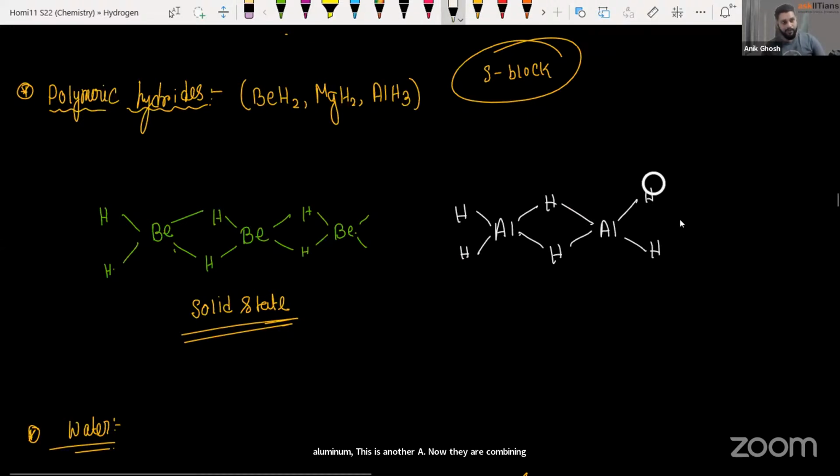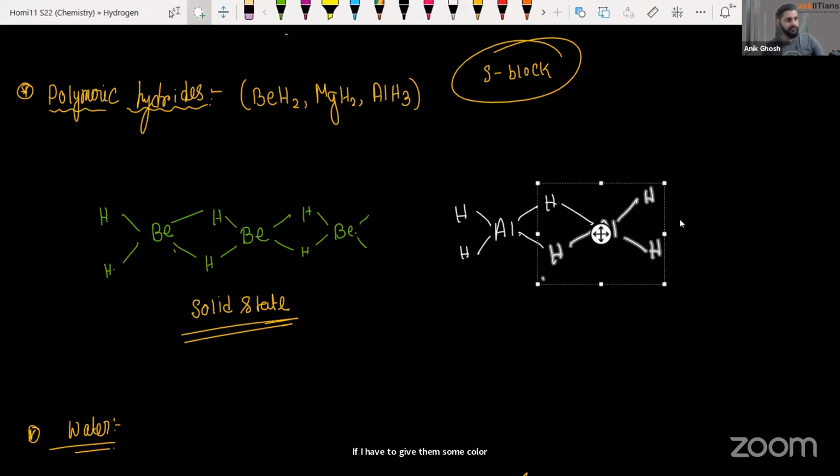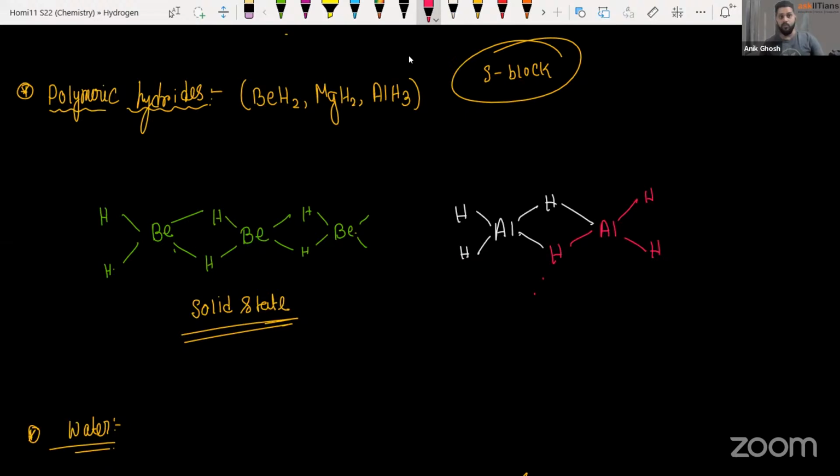If I have to give them some color, this is the two AlH3s. They combine together and form a polymeric structure like that. Okay. In the solid state, not in the other state.